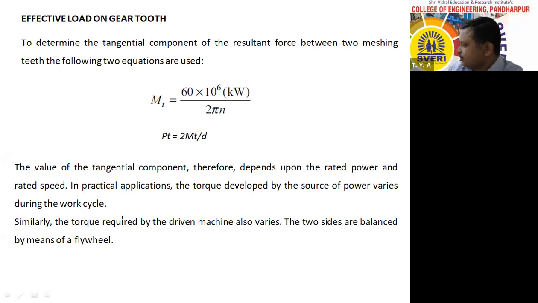You know, in case of an IC engine, power is developed in only one stroke, that is the power stroke or expansion stroke, that is stroke number 3, and negative work has been done or negative power is developed in the other 3 strokes, that is suction, compression and exhaust, and positive work is developed only during the power stroke or expansion stroke.